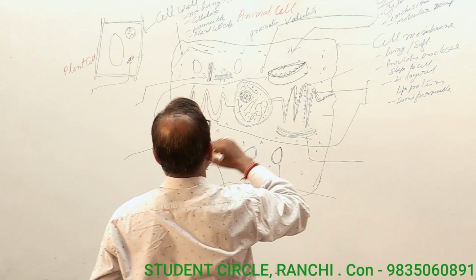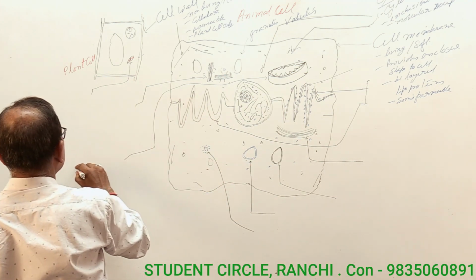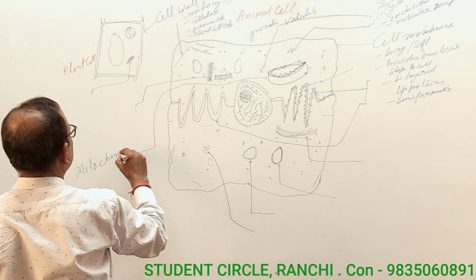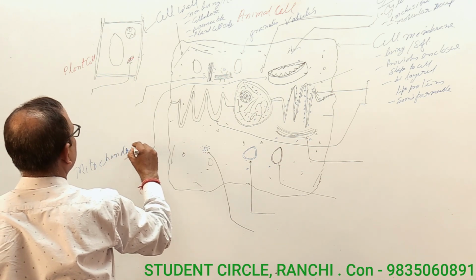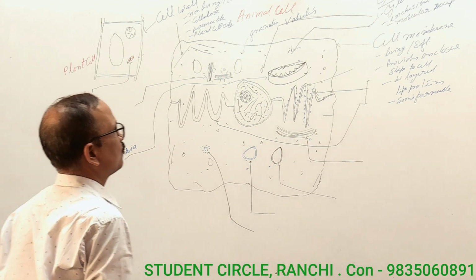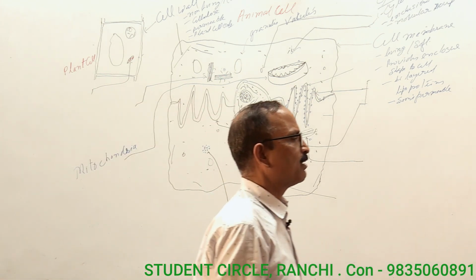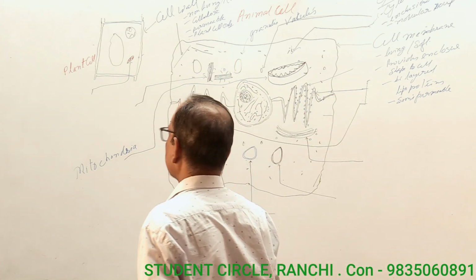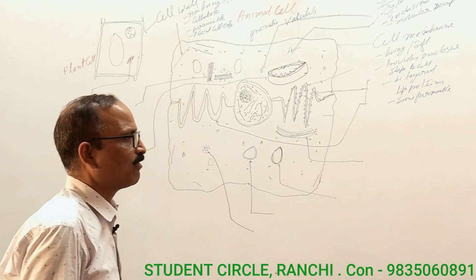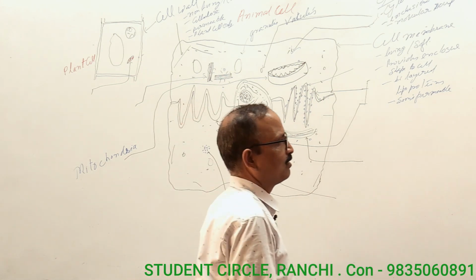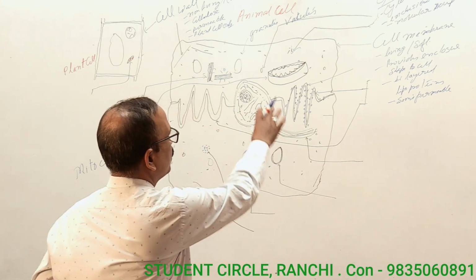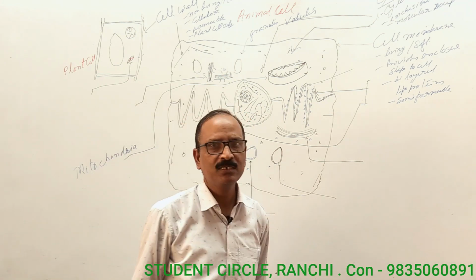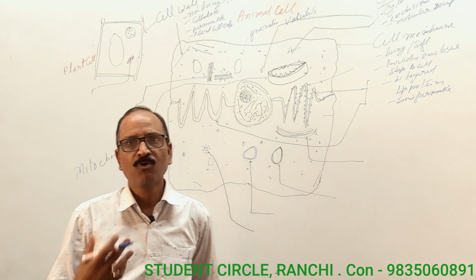This one is mitochondria. The plural is mitochondrion, because a cell may have more than one mitochondria, even hundreds. If the cell requires more energy, it will get more mitochondria.